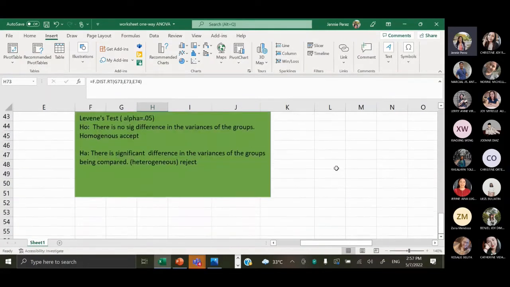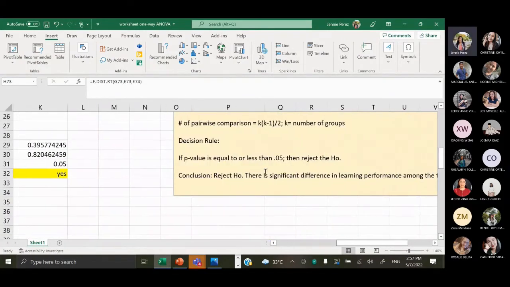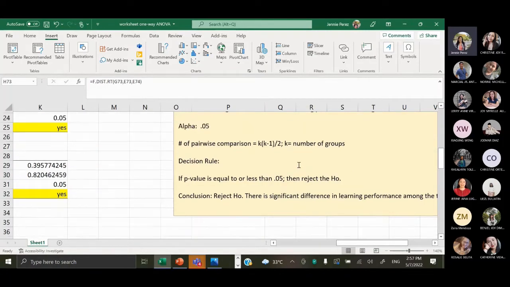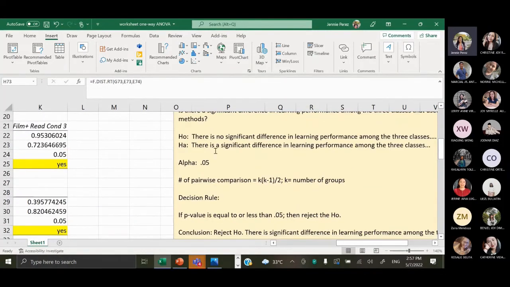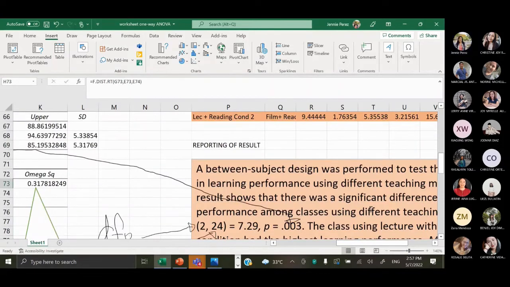Again, our decision rule is to reject our null hypothesis if the p-value is equal to or less than 0.05. What is our null hypothesis? That there is no significant difference in learning performance among the 3 classes.